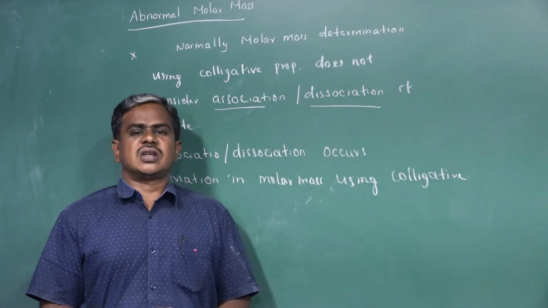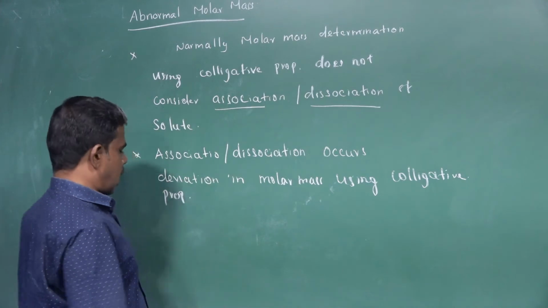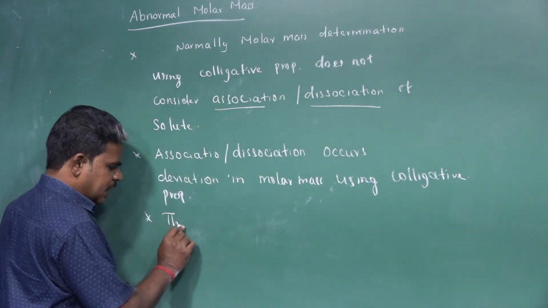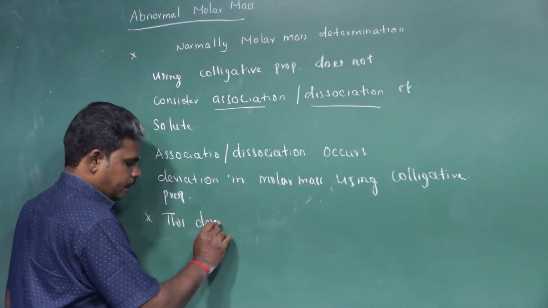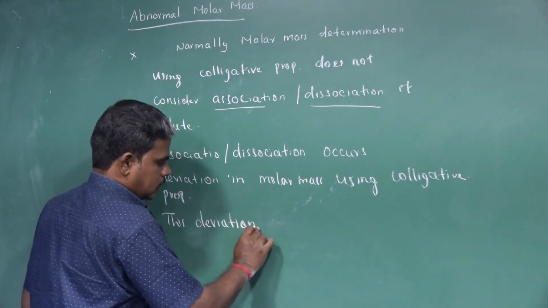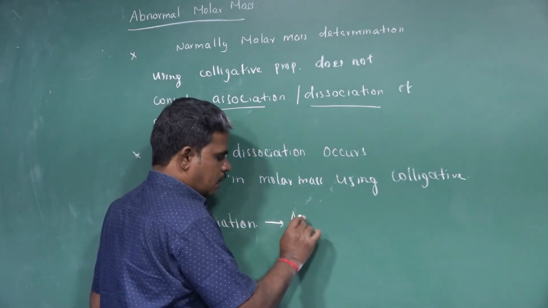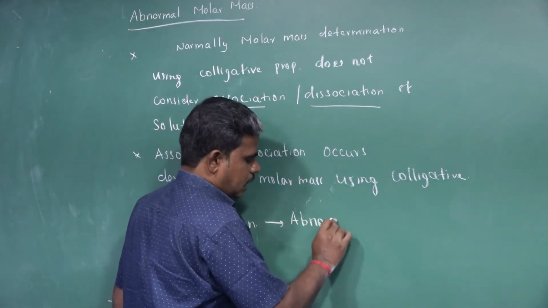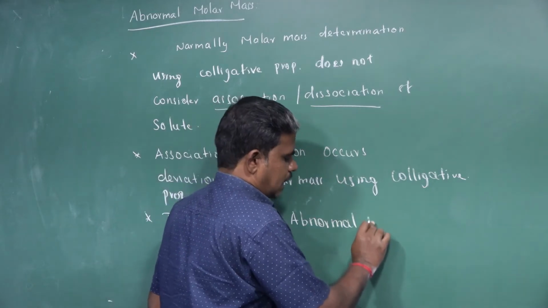This deviation is called abnormal molar mass.